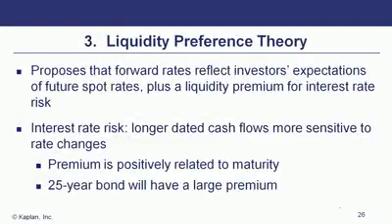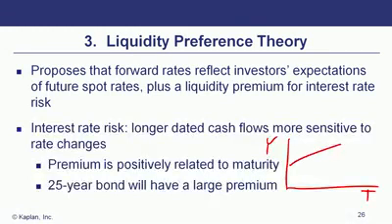All right? Liquidity preference, this is also sometimes called biased expectations. What this says is that when we look at the term structure, time against yield again, what we observe in the yield curve is actually 2 things. One of them is the expectations that we would get from market participants. But the other is the liquidity premium.